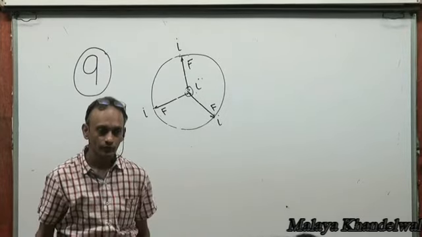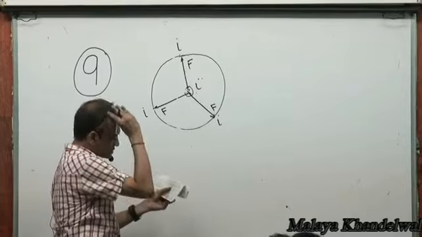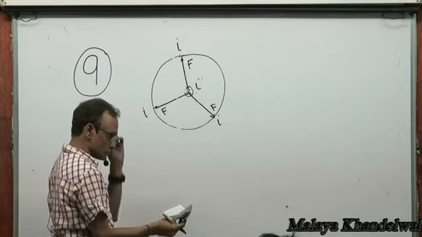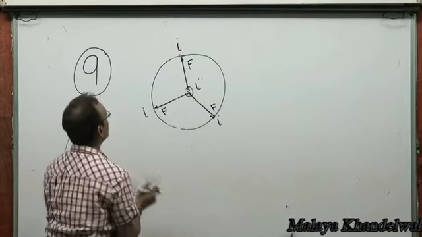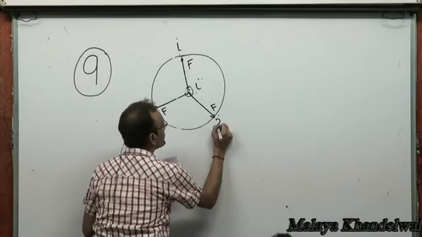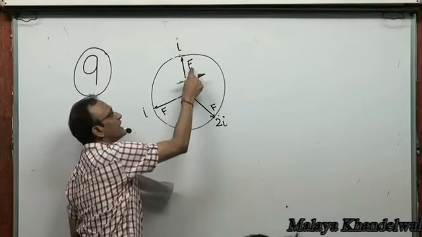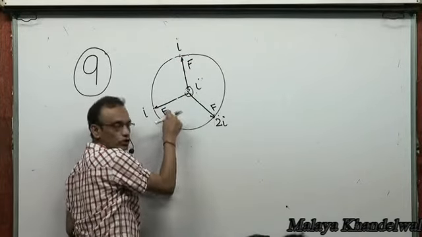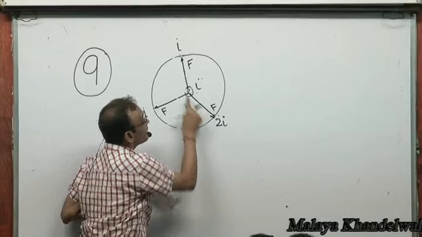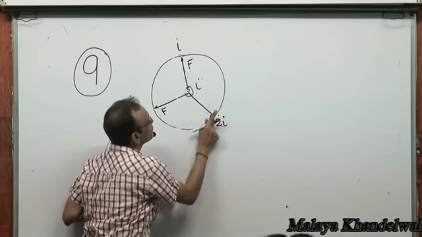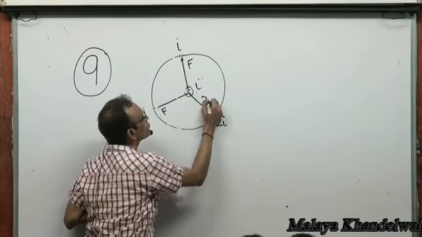Yes or no? Now the next arrangement of currents is I, 2I, 2I. Okay. Now if this I and this I, the force is F, then this I and this I will also be F, and this I and this I would be 2F. Yes or no?